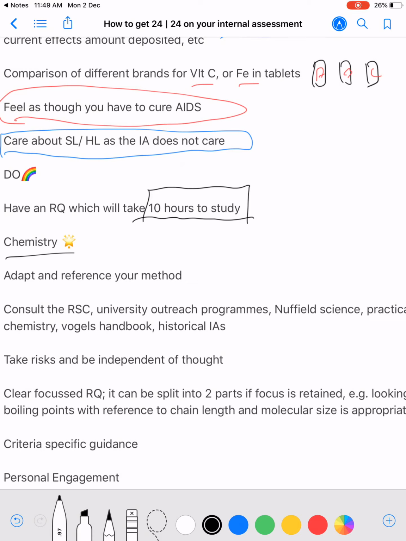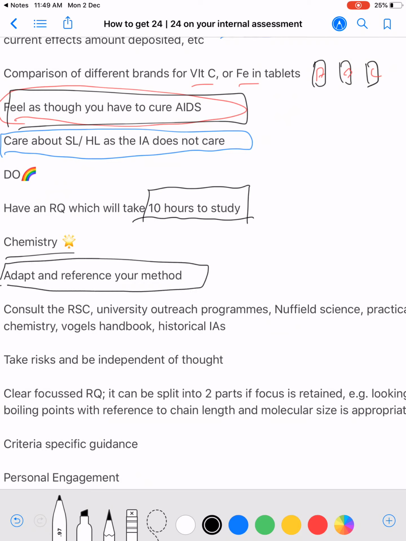Going back to the original one, don't feel that you have to cure world poverty. We do kind of expect that you're going to have a method which has been done before, but adapt it, change it to you, and critically reference it. So academic honesty should underpin everything that you do.